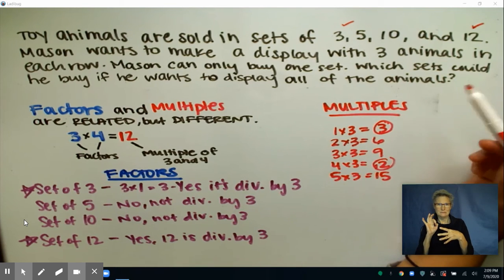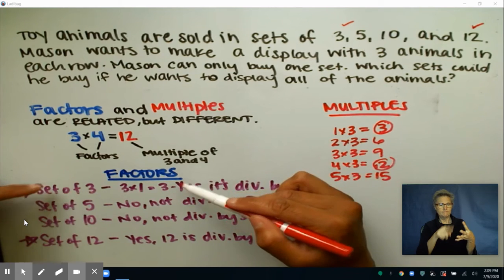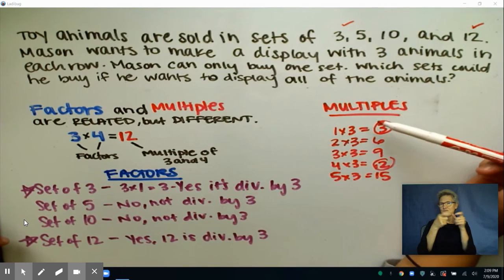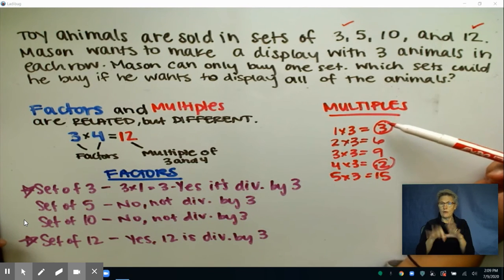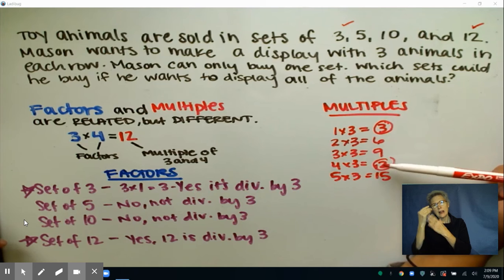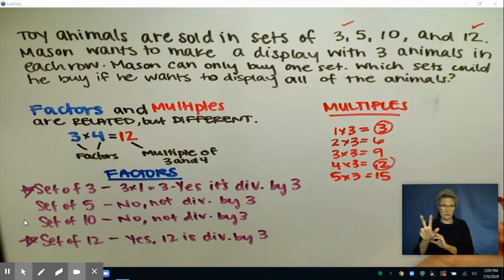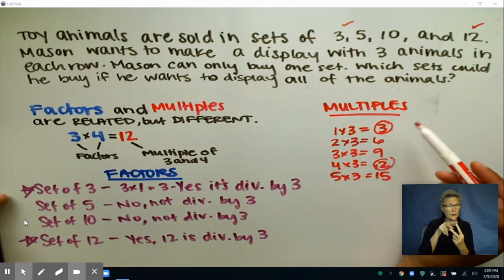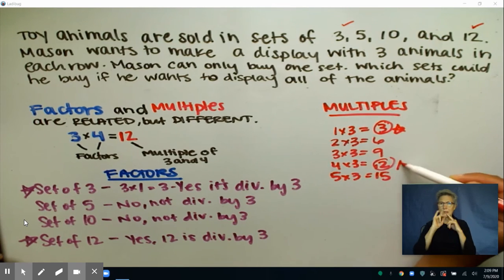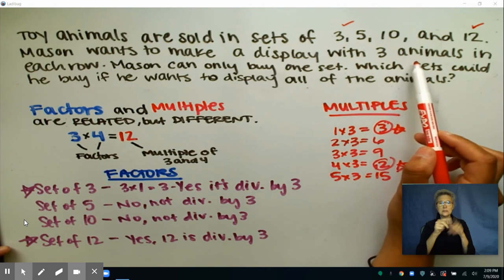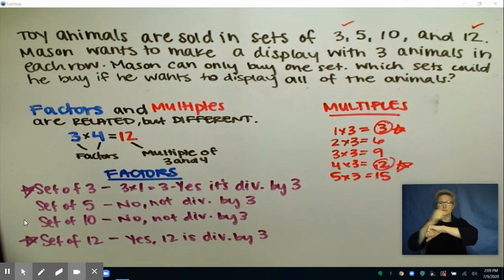So looking at both, using the factor strategy to think through, is 3 a factor of this total set, or finding our multiples, thinking through our multiples of our basic number that we're looking for, either strategy here, you find that you have the same answer. Either a set of 3 or a set of 12 will allow Mason to display all of his animals with 3 in a row.